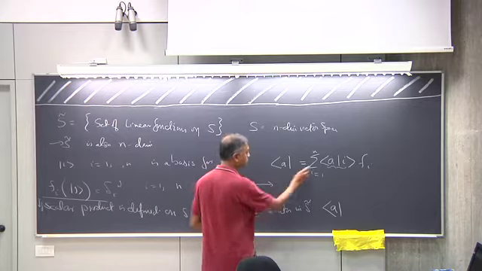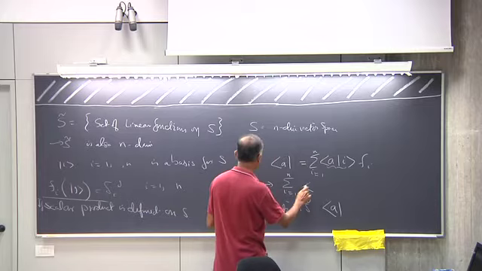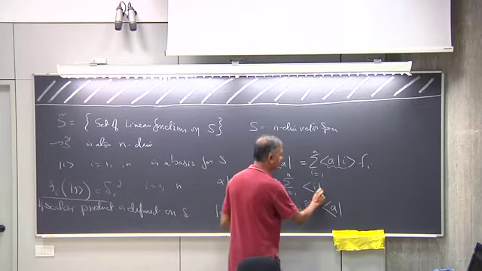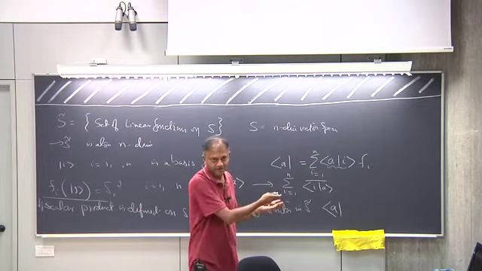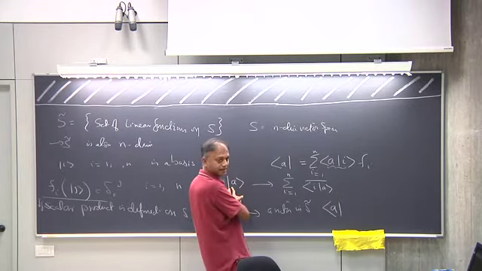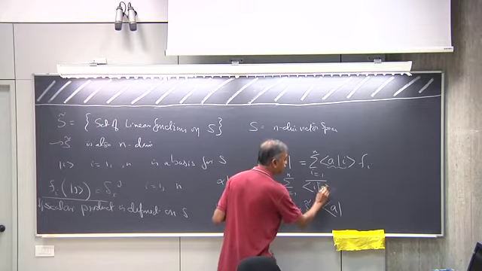So this will be mapped to sum i equal to 1 to n. You see <i|αA>, but remember that <i|A> is the same as <A|i> complex conjugate, right? The scalar product satisfies that condition. But now you see instead of A I have alpha A, right? So in other words it's <i|αA>, right?